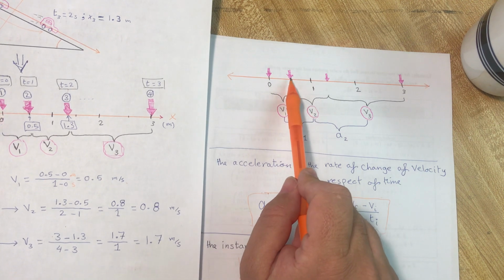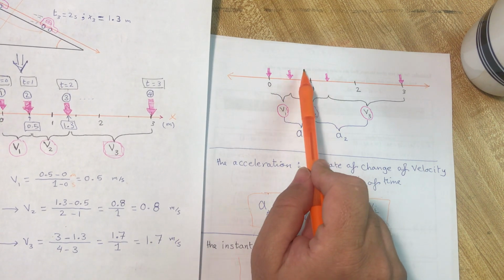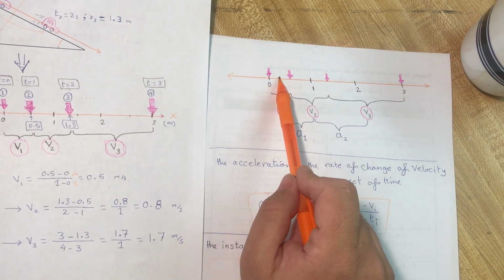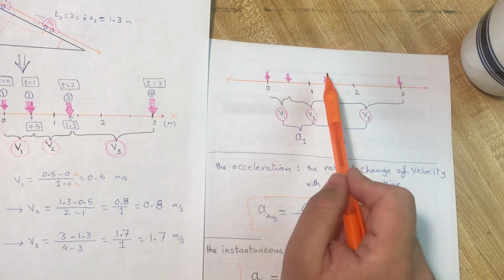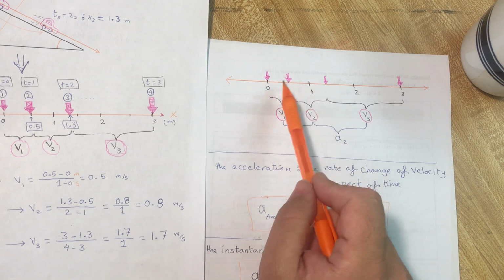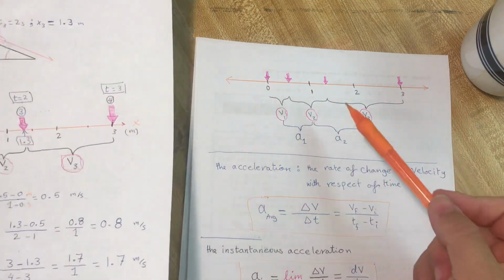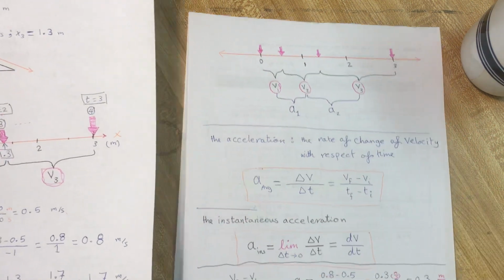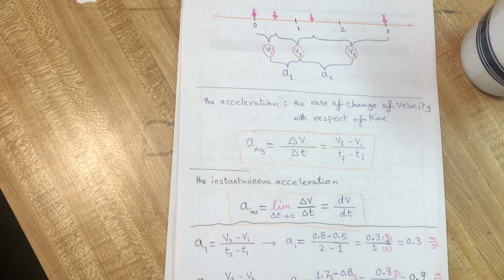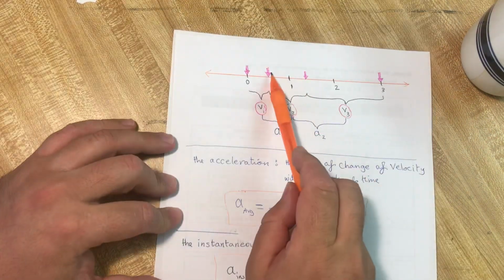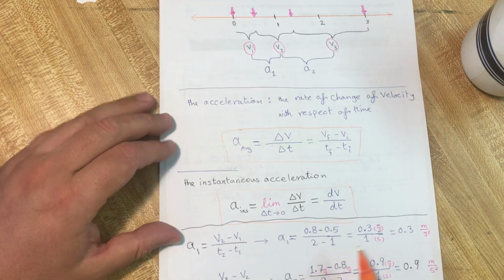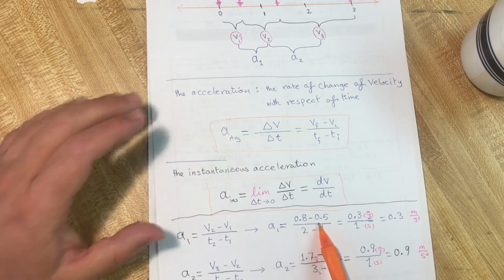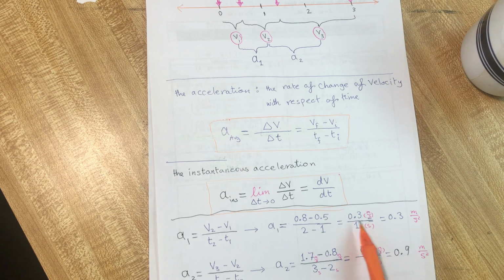We will take the end of that period, 2 minus 1, so the change of time is 1 second. It will be 0.8 minus half, which is 0.3, over 1.